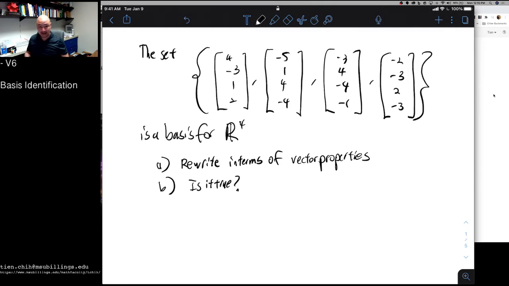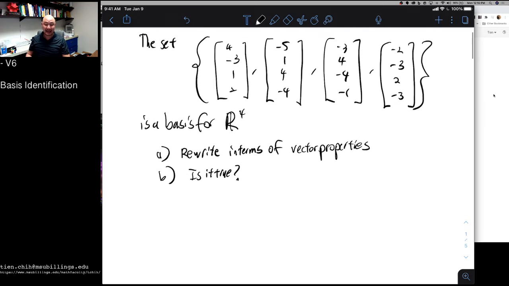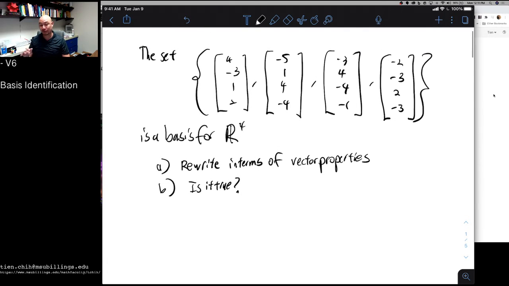So if I'm looking at my set of vectors here and I ask, is that a basis for R4?